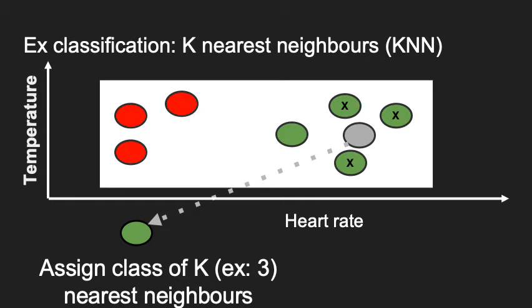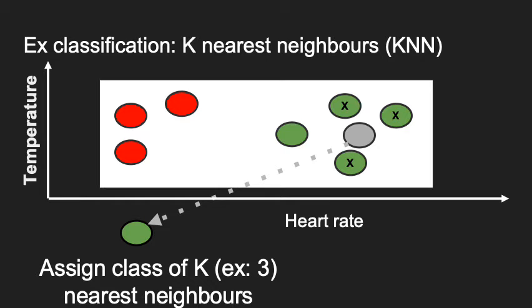An easy classification algorithm that's also very useful in many contexts is k nearest neighbors, KNN for short. For KNN, you have your data set of green and red points, over two dimensions here, heart rate and temperature.